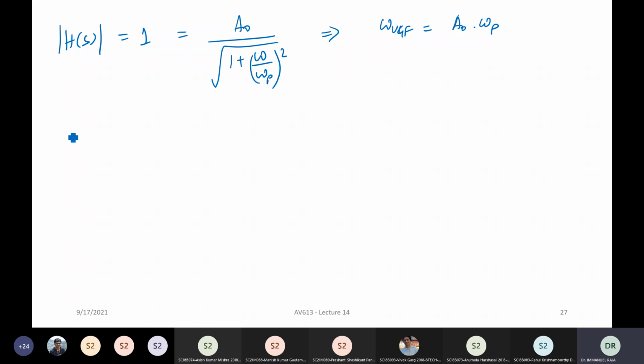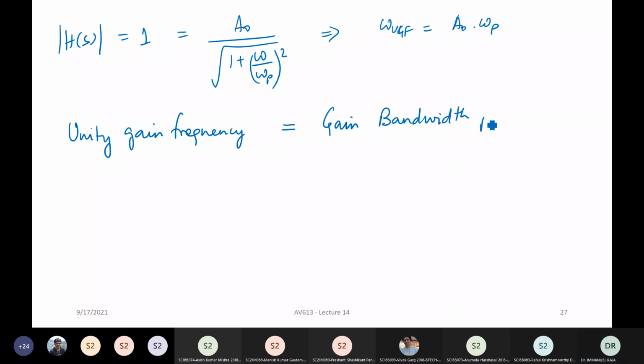In other words, your unity gain frequency turns out to be equal to your gain bandwidth product. All right. So this is a very important concept that we use.